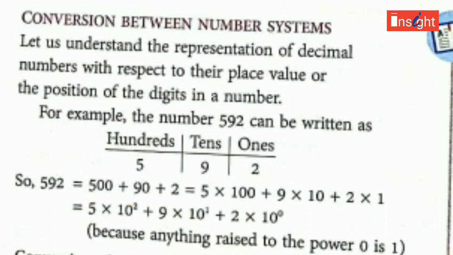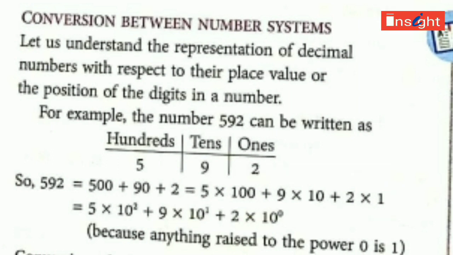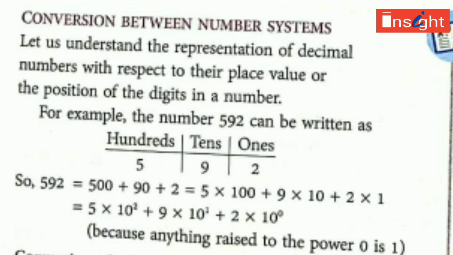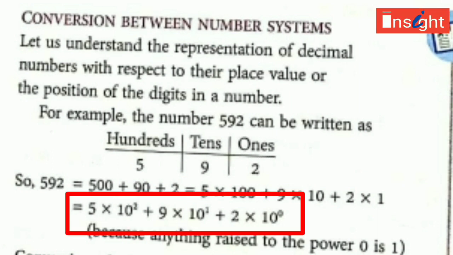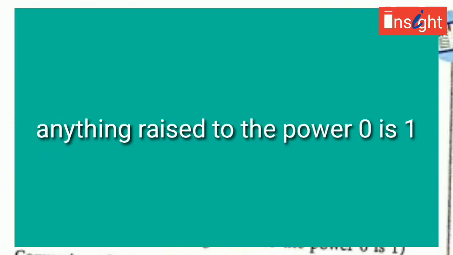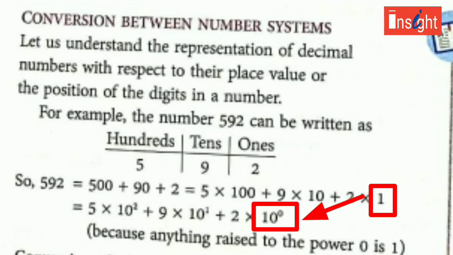So this is equal to 5 into 100 plus 9 into 10 plus 2 into 1, and this is equal to 5 into 10 to the power 2 plus 9 into 10 to the power 1 plus 2 into 10 to the power 0. Why? Because anything raised to the power 0 is 1. That's why in 2 into 1, 1 is written as 10 to the power 0.